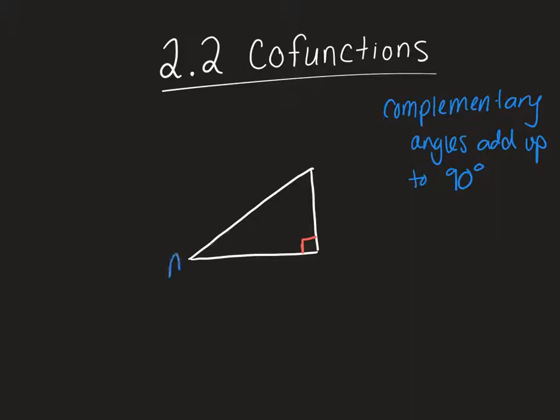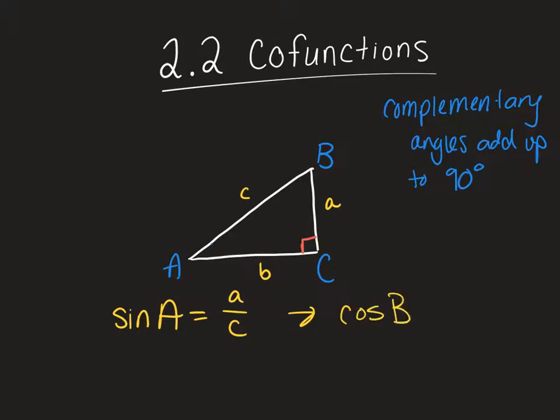So let's call this angle A. So we have sides A, B, and C. So the sine of angle A: opposite is A over hypotenuse is C. But then if you take the cosine of angle B, right? So adjacent is A over hypotenuse is C.